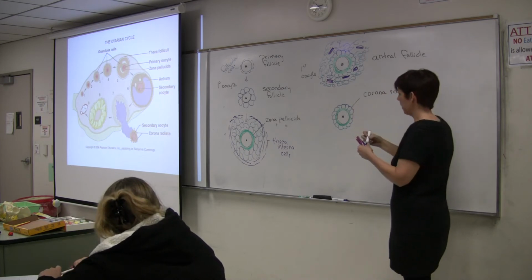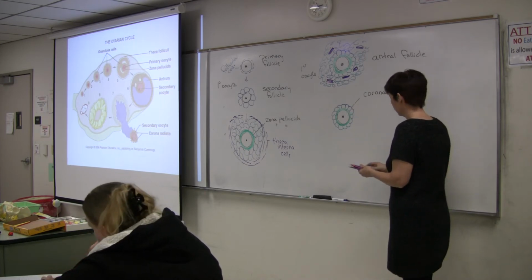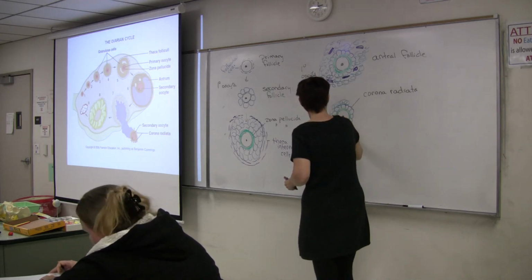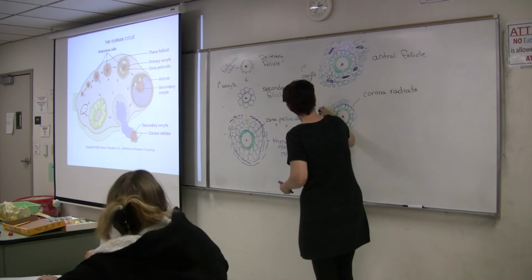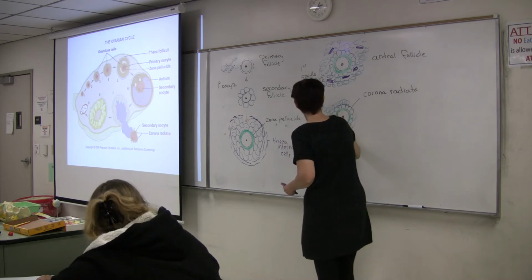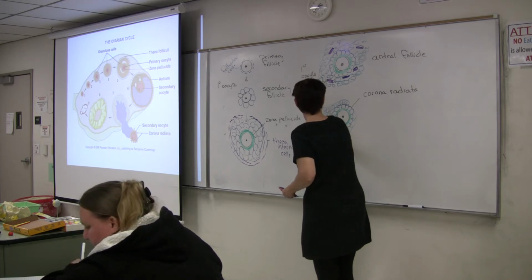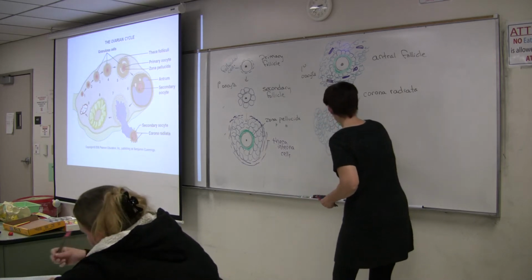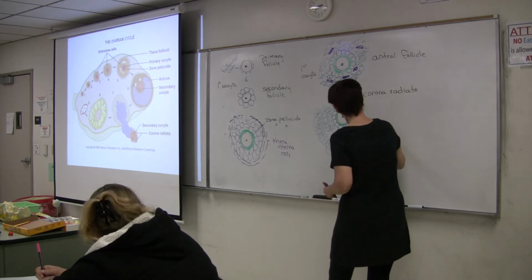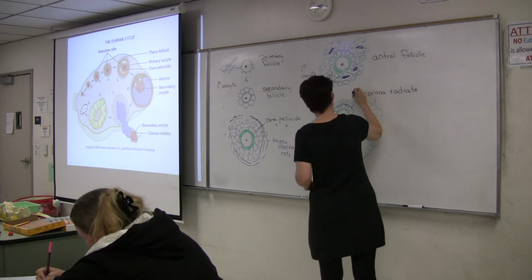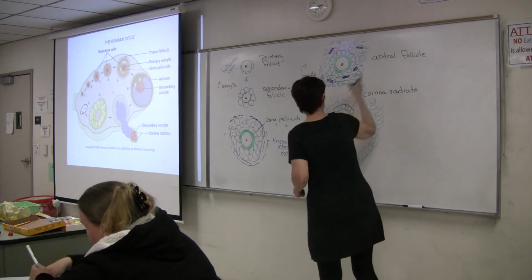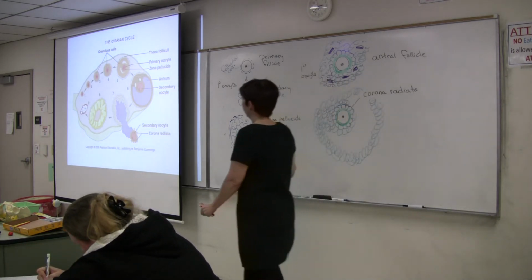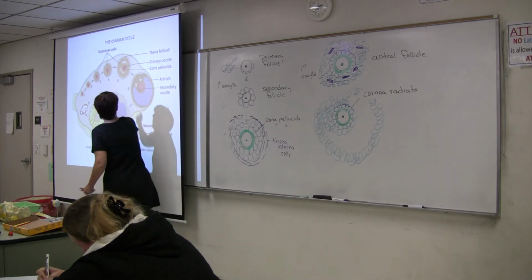So they're right up there against the zona pellucida. The rest of the granulosal cells form a cluster around that, a stalk that attaches it to the rest of the cells. Still an antral follicle, okay? But one coalescing antral.